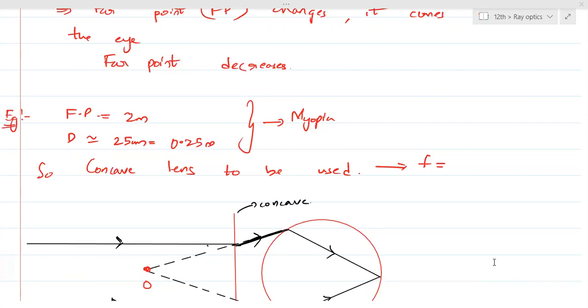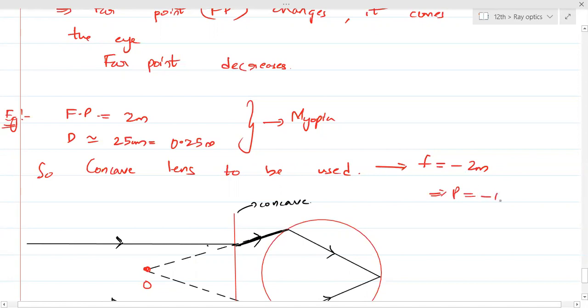Concave lens मतलब नेगेटिव होगा, -2 meters, right? समझ आए ना? -2 meter. ठीक है? And what about power then? Power निकाल लोगे ना, power is equal to 1 by focal length, which is -0.5 diopter.